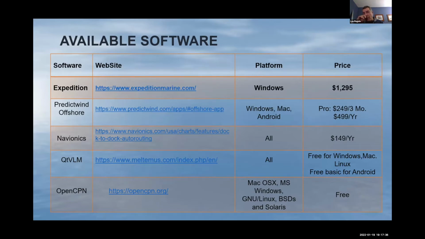So you've got to be within web service or cell service to get that. Then the companion product is Predict Wind Offshore, which you can use offline, and it does the crunching on your computing device. The nice thing is it seems simpler to use, and the pricing's a little better. You can buy it for a season or a big cruise or something like that, so it's not bad.